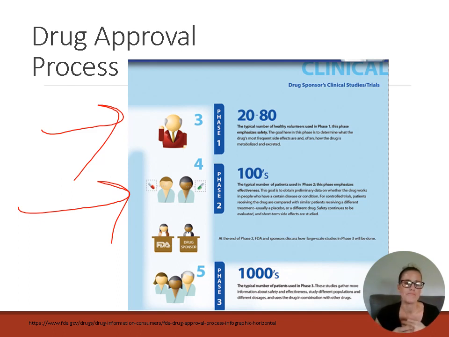So if your drug is for high blood pressure, you bring in hundreds of patients who have high blood pressure. You give them the medication, you monitor, and you say, yep, look, this drug works. This drug lowers blood pressure by X amount. It is effective.